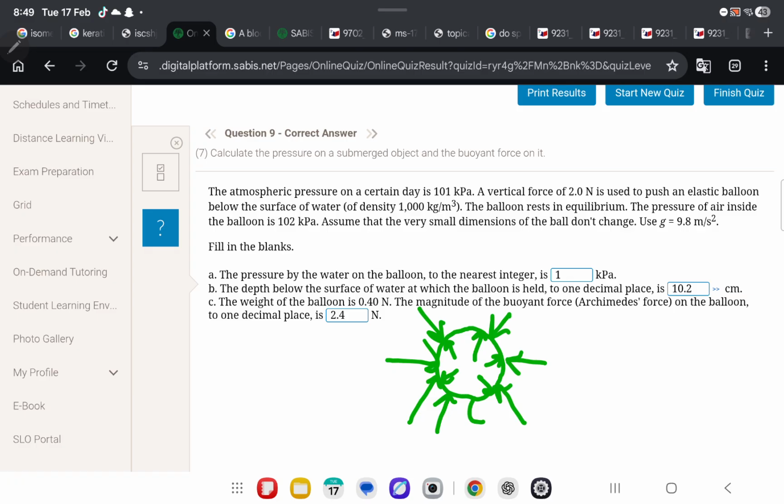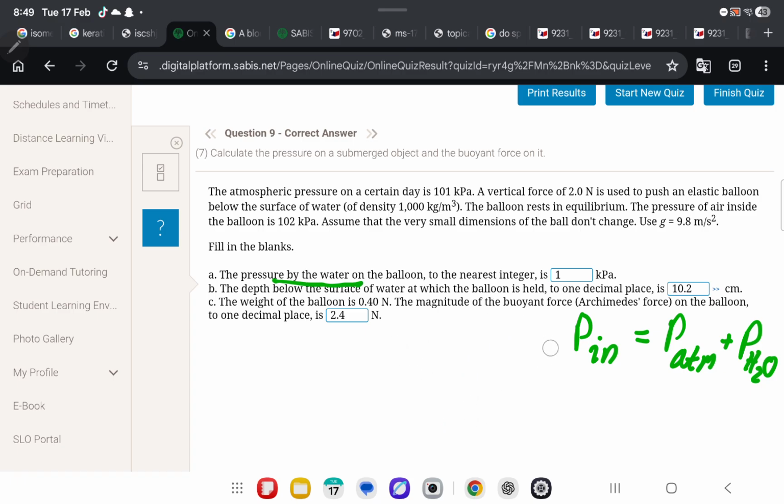Since it's in equilibrium, the pressure inside the balloon is equal to the pressure outside by the atmosphere and the pressure by the water. They want the pressure by the water. We know the pressure inside is 102 kilopascal, as given.